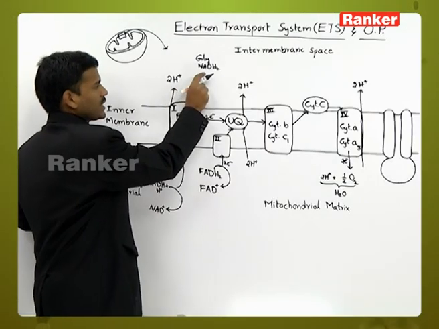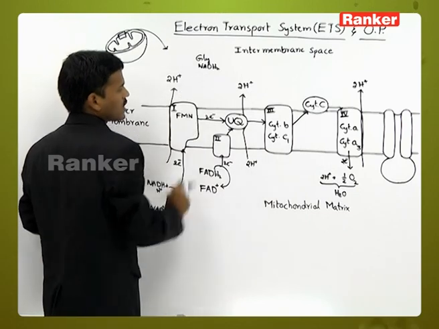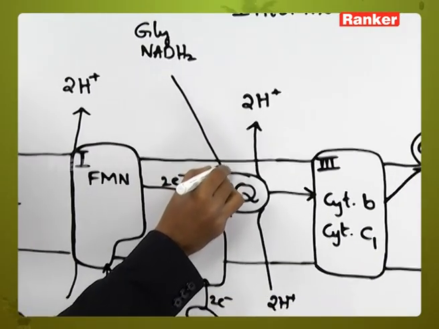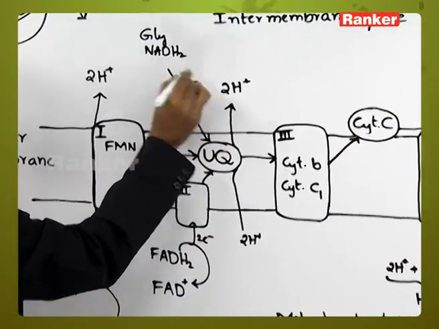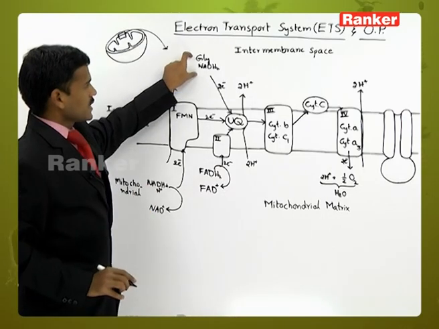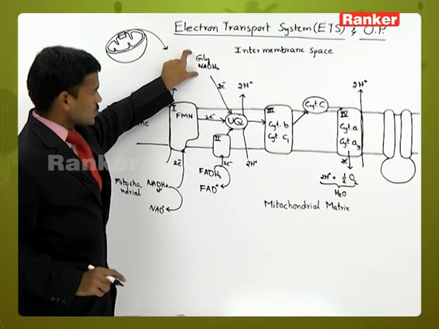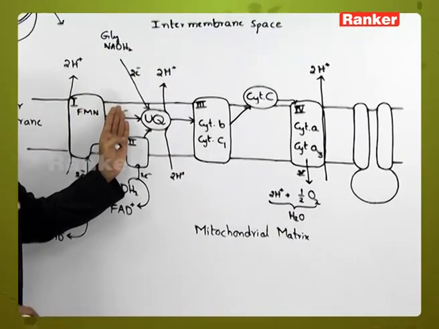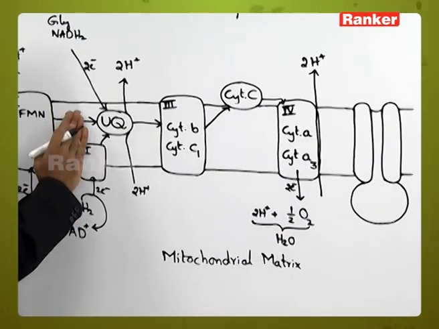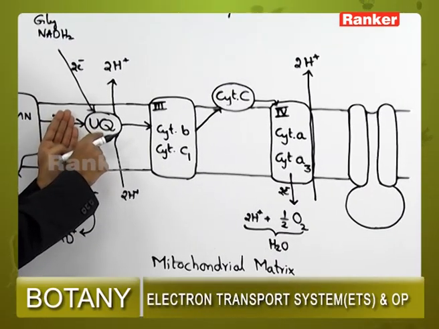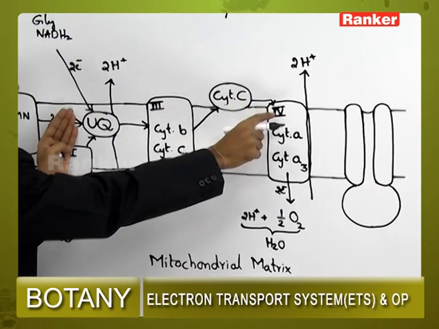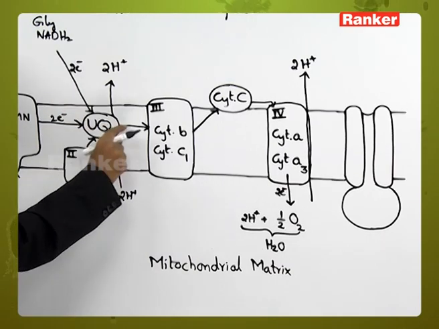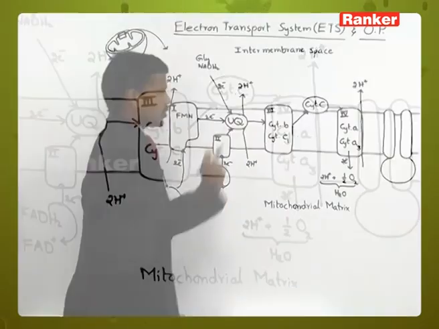So the glycolysis NADH2 directly gives electrons to ubiquinone. Glycolysis NADH2, or cytoplasmic NADH2, gives electrons directly to ubiquinone. So in this electron transport system, only ubiquinone is involved, then the third complex cytochrome C, the fourth complex, and oxygen.